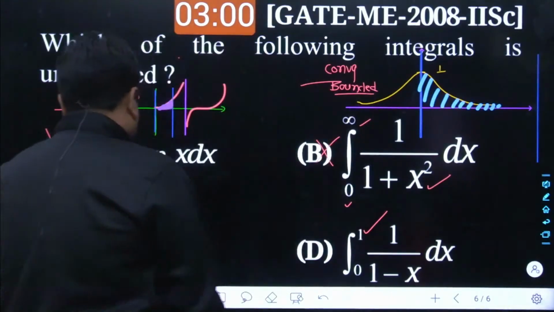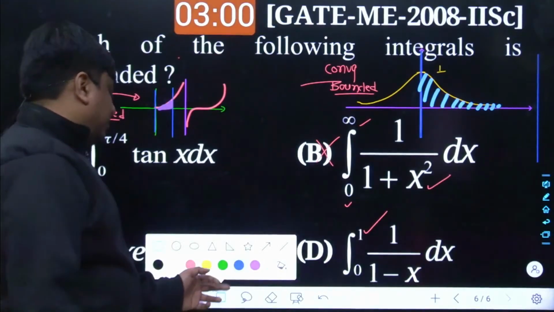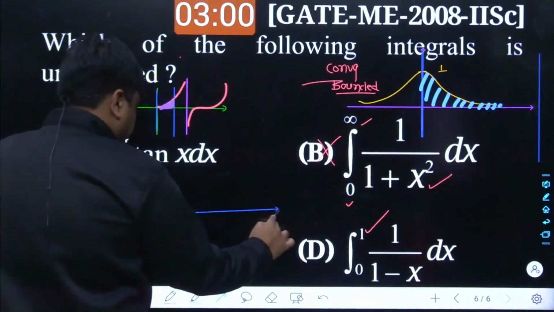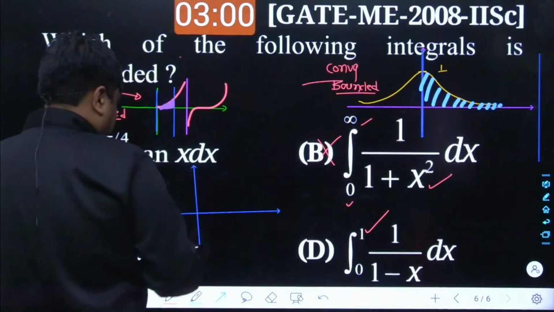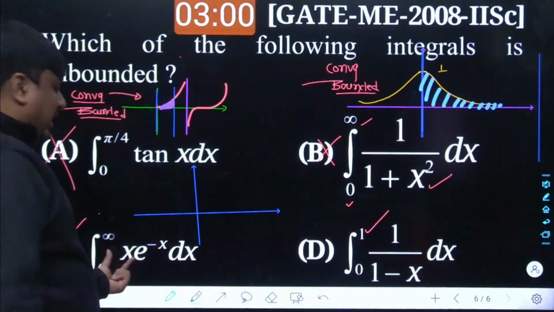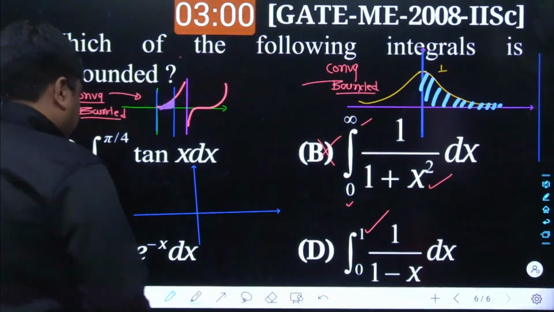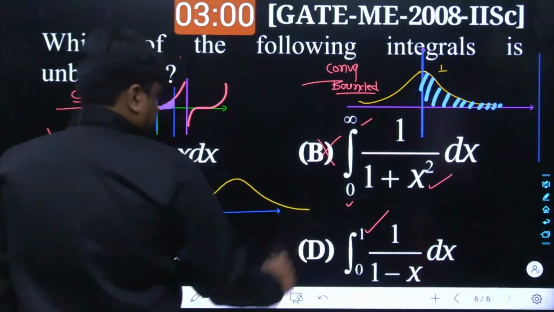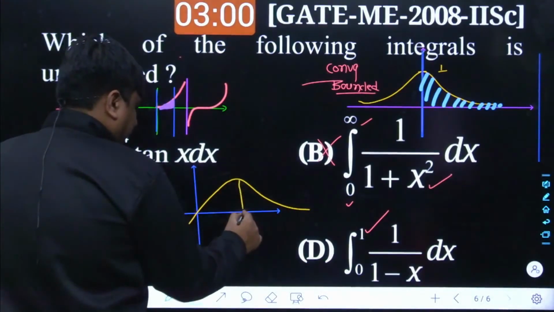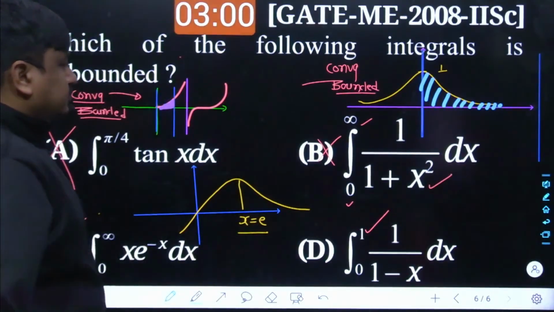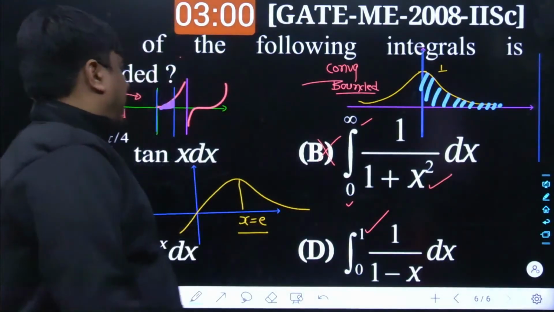Now if we focus on x times e to the power of minus x, you must have seen this problem in maxima and minima. The curve is going to be something like this. At x equals 0, it becomes 0, and for negative values of x it becomes negative. So the structure is kind of like this. Somewhere at x equals probably e, I am not exactly remembering it, the maximum is attained.